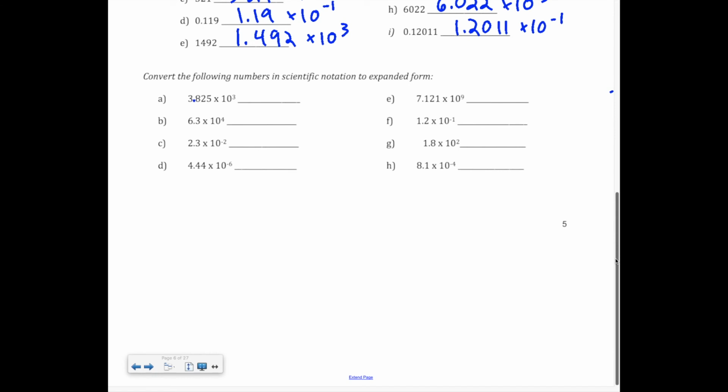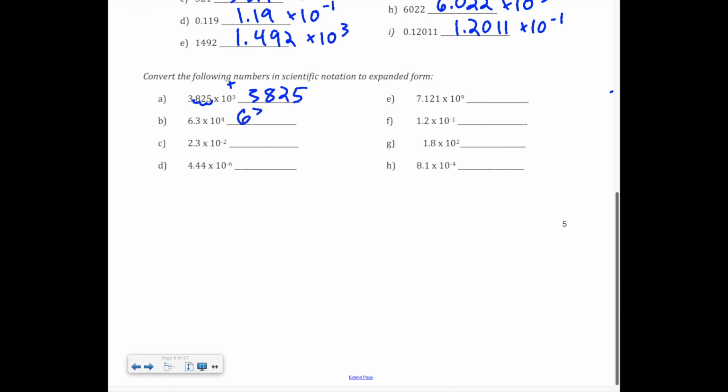So this is 10 to the third, so it's a positive exponent, which means this value is going to be a large number, a number greater than 1. Okay? So the answer is going to be 3825. What I did is I moved the decimal place 1, 2, 3 places to the right. Okay, that's backwards from the section you did before.